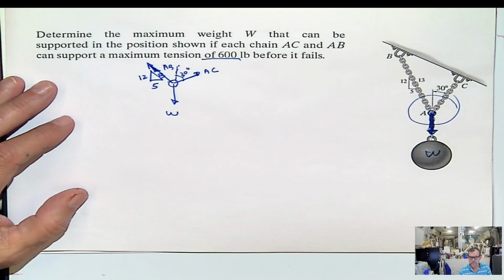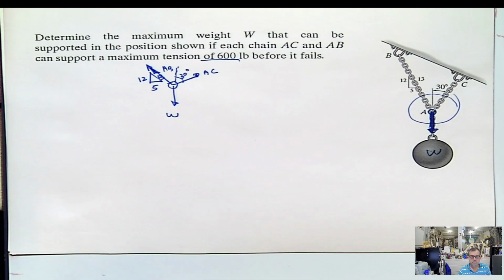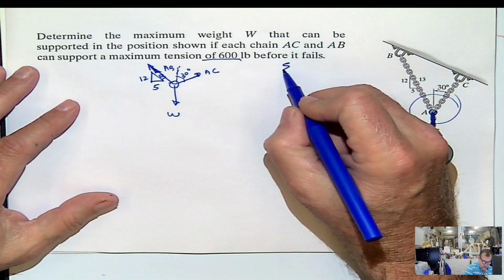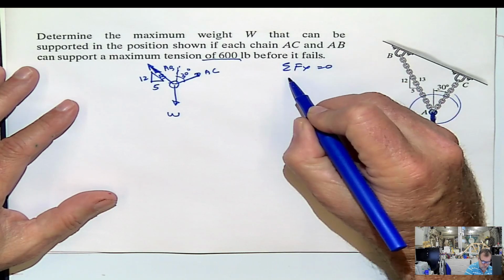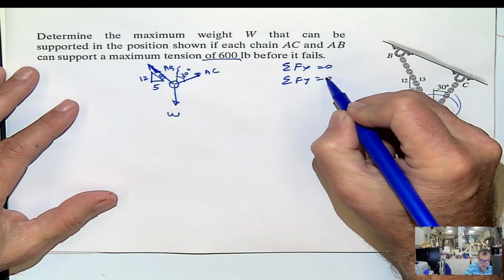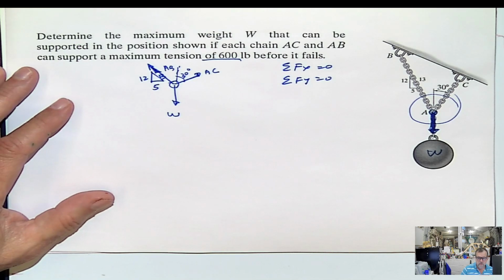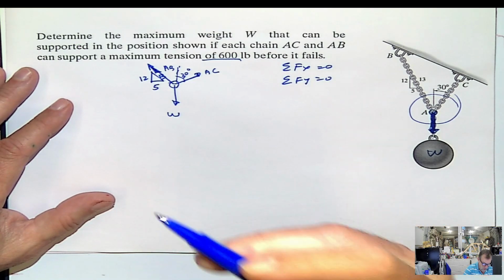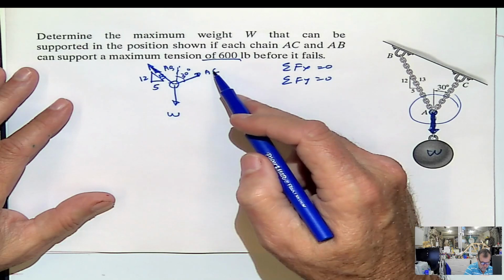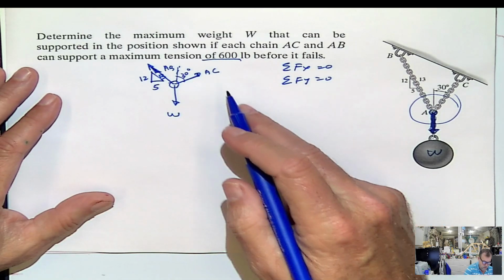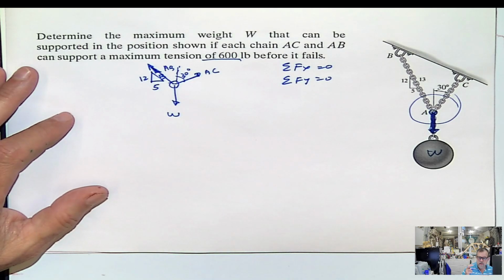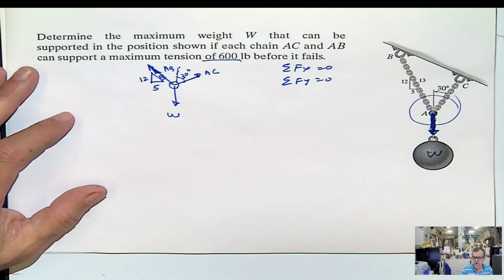and this is force AC, or tension AC. Now, if you look at this problem from the summation of forces, you have summation of forces in x equals 0, summation of forces in y equals 0, and that's the only thing that we have, two equations. However, it looks like we have three unknowns, 1, 2, and 3, because you don't know the weight, you don't know each one of the tensions. There are two ways of solving this problem.